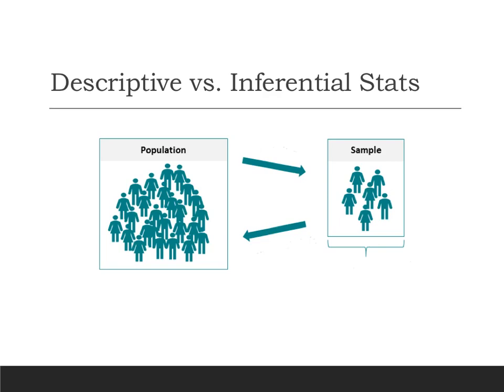I have a population over here on the left-hand side, and here I've got different men and women. Of course, they're all this teal color, so we're just going to assume that there's also other diversity within that. But I've got this population, and when I pull people from that population, that's what I call sampling.